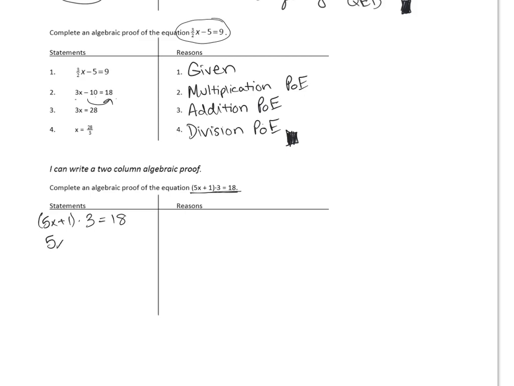So I get 5x plus 1 equals 18 divided by 3 is 6. Then I subtract my 1 over. So I have 5x equals 5. So x equals 1. As a try me, I want you guys to fill in the reasons. I'll be checking that in class, so give it a shot.